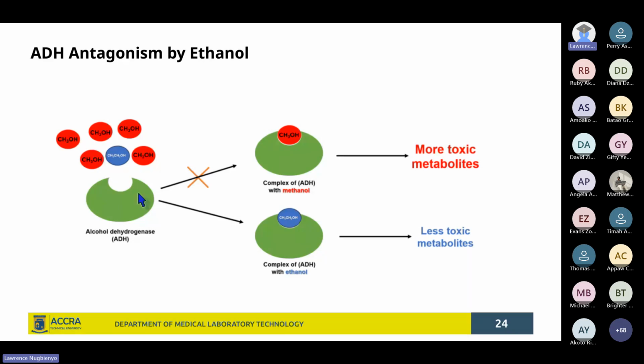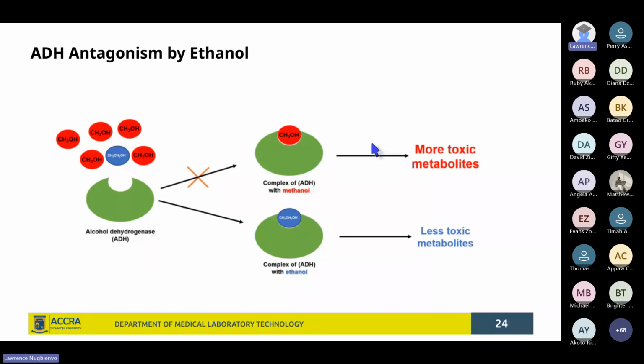When persons are intoxicated with, say, methanol, which is toxic, it can result in the formation of formaldehyde and formic acid, causing very serious metabolic acidosis. It can result in blindness, nervous system breakdown, even fatality.